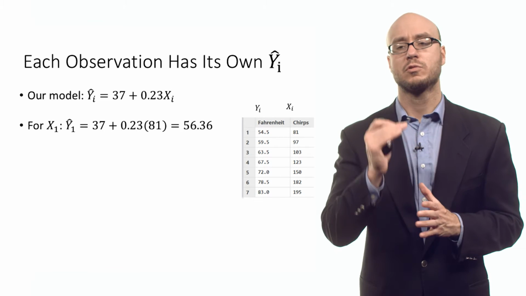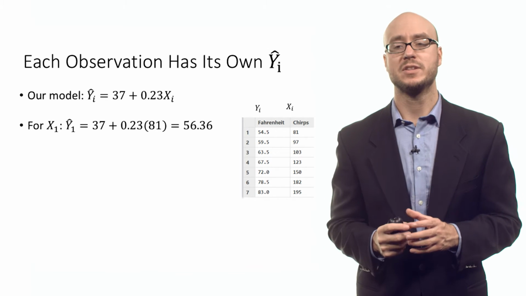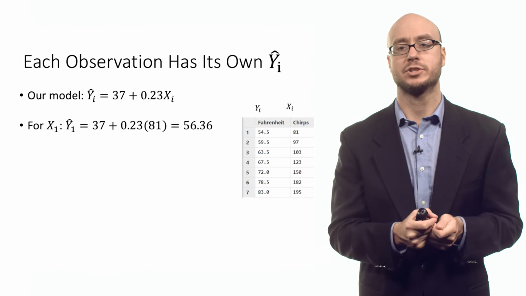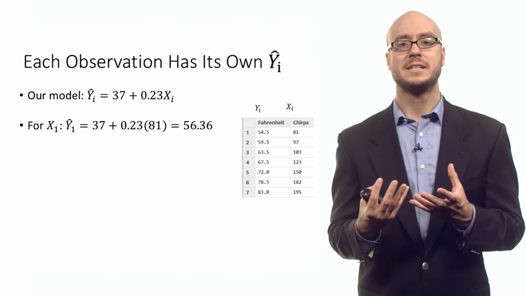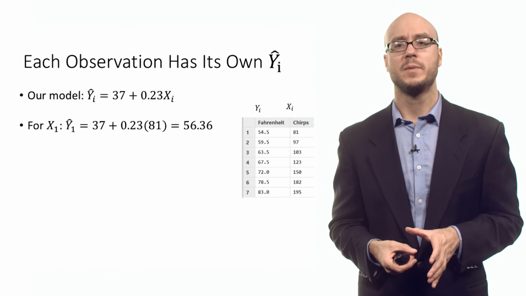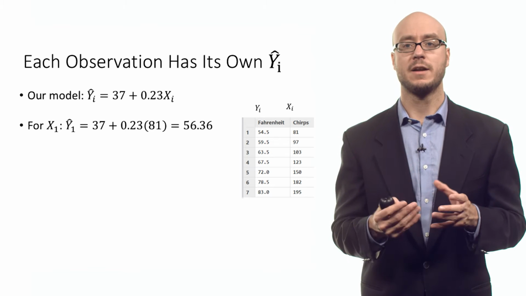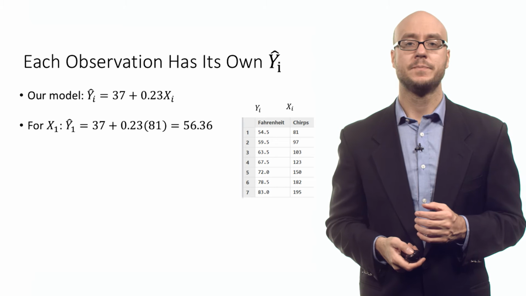So for each row of this data set, we can calculate a fitted or predicted value. This is the expected outcome. This is the expected mean temperature for different values of x. So when x is 81, when there are 81 cricket chirps per minute, the expected mean temperature is about 56 degrees Fahrenheit. That's that first row's expected value.